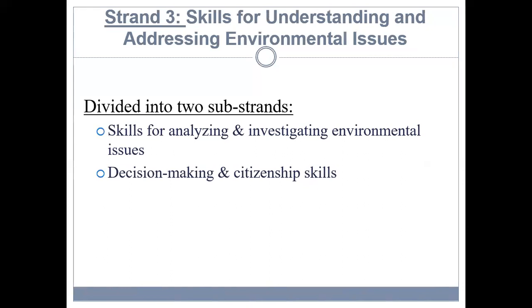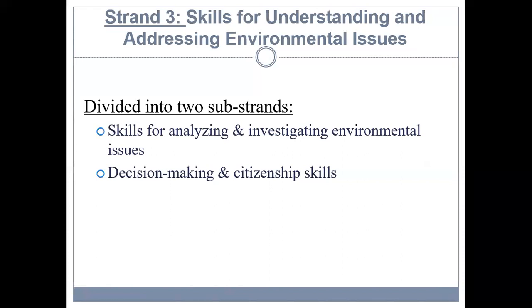It's just what you look at and how you look at those issues that changes. An example of an issue you might investigate in kindergarten might be something like, do I step on the bug on the playground or not? You would go through the same steps to think about, what are the impacts of stepping on the bug? Who else cares about the bug? What do they think about it?